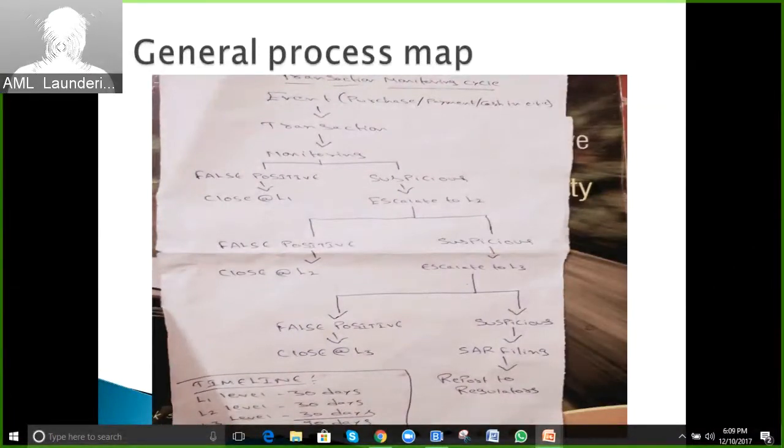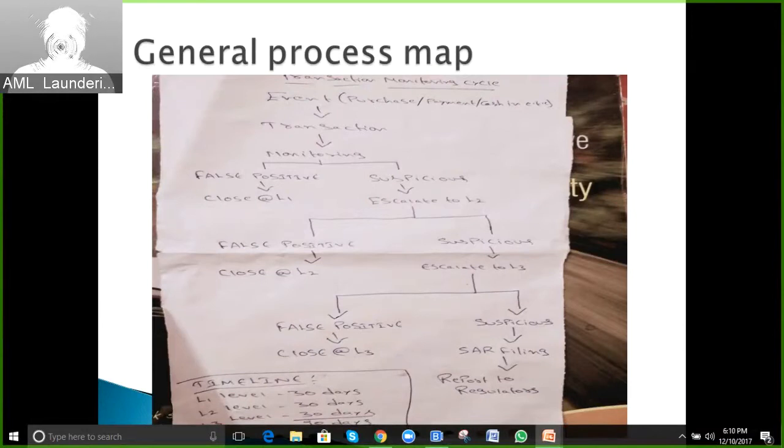It might also require further investigation, so it goes to the next level, and if we find it is suspicious, it goes to the next level. Then another team, maybe a compliance team or the MLRO, will look into more details and decide whether it is a false positive or needs to be escalated further. So this is basically a monitoring cycle structure. How does it look? A rough idea for everyone.